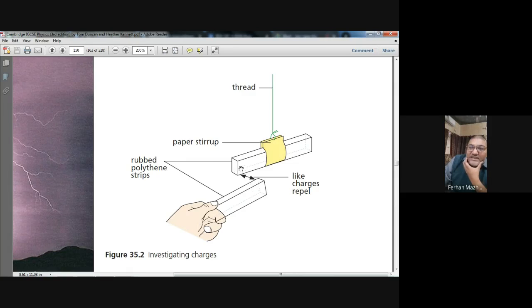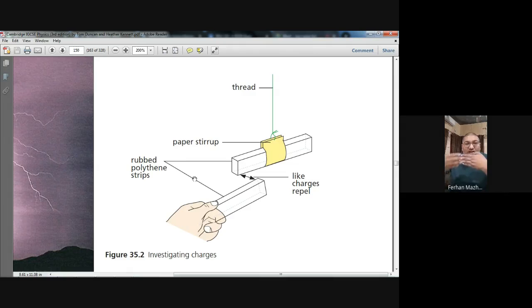They are not touching. You will observe that the hanging rod will be repelled.